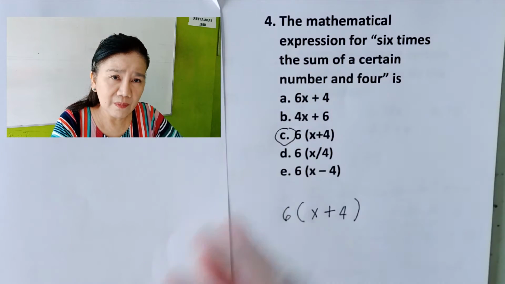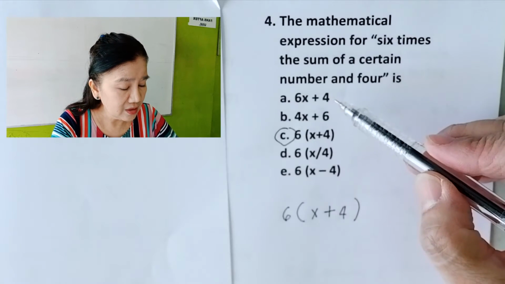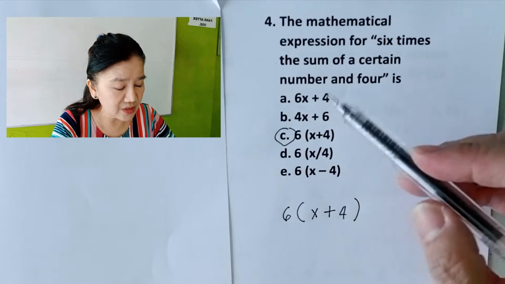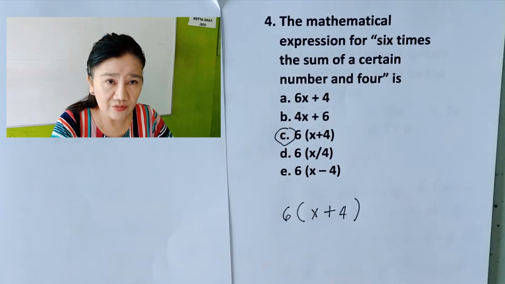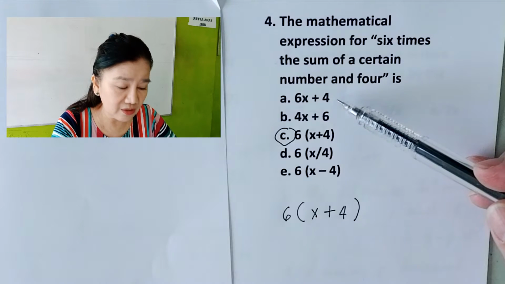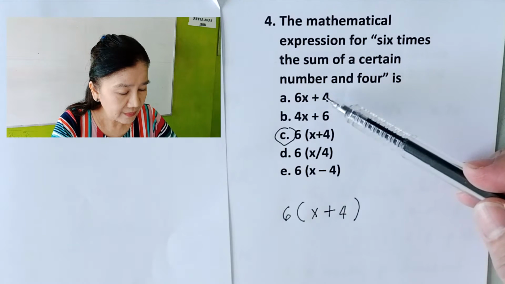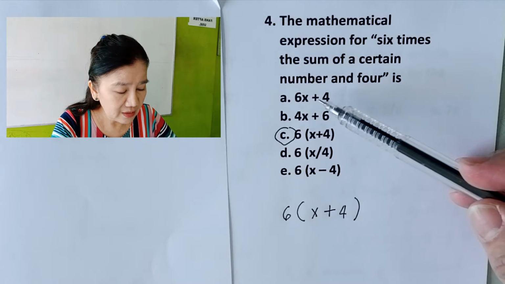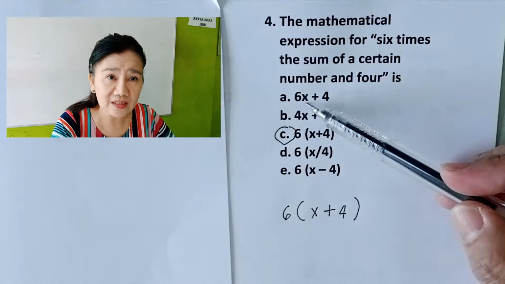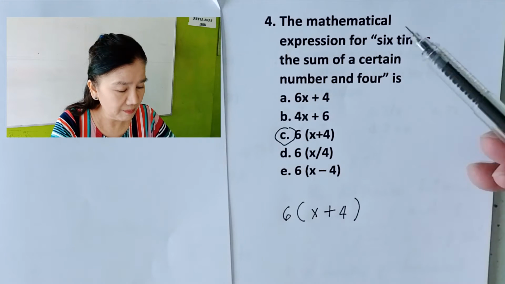Now, as a practice, let us go over the other choices so that you will understand the difference between each of the choices. For example, letter A, how do you interpret this? This is 4 increased by 6 times a number x, or 4 plus 6 times x.